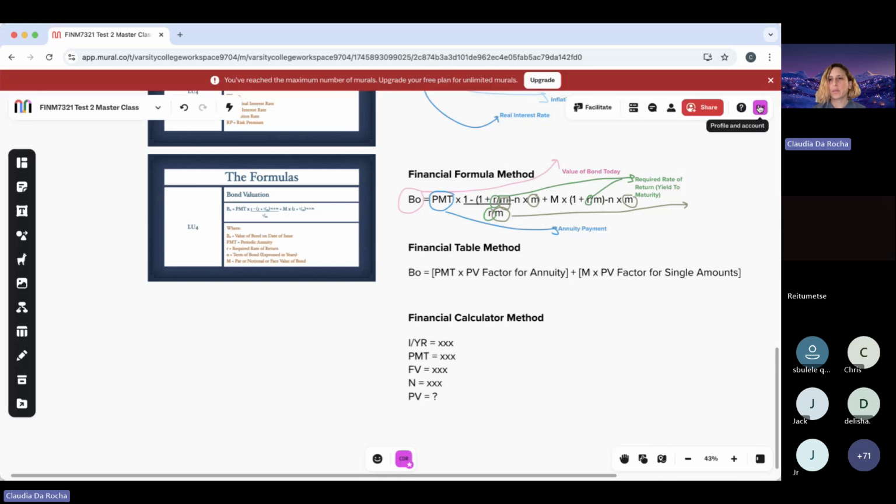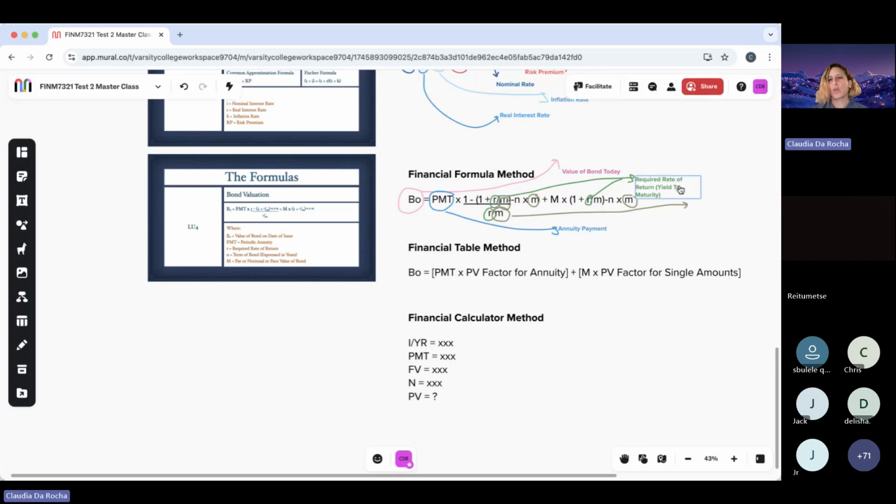Okay, so please, the big M is actually your par or face value of your bond, but I'll write that in as well now.